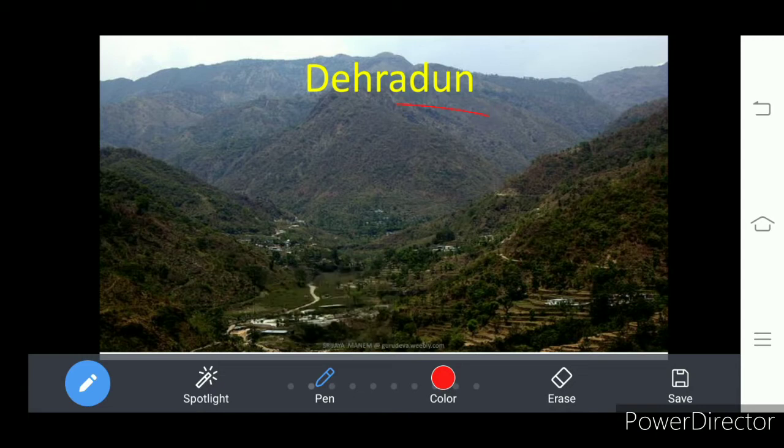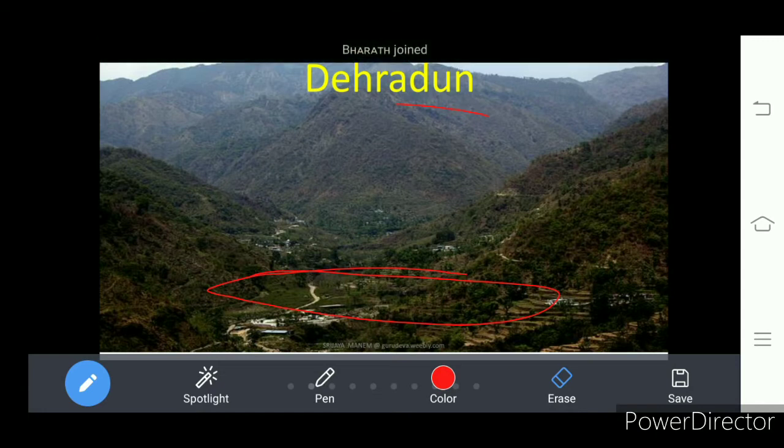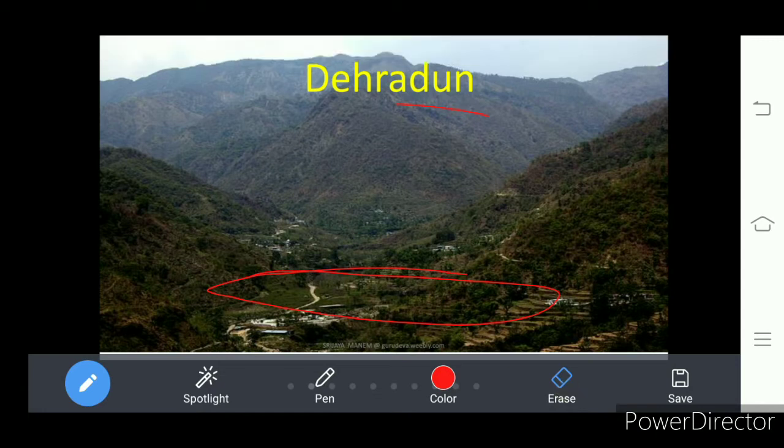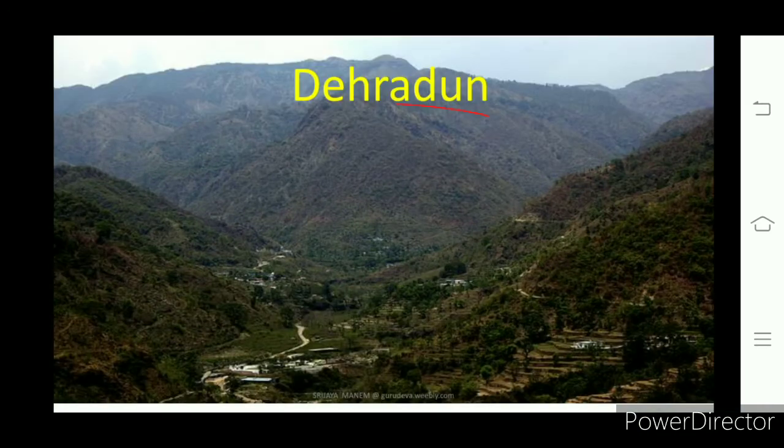Look at here. How is this a flat surface? So a flat bottom valley. It is V-shaped, so that it is called a valley. Where the surface is flat in the valley, that is called a dun. So this is Dehradun.